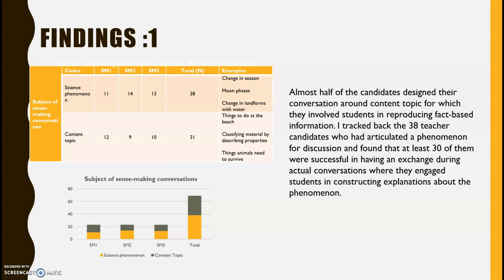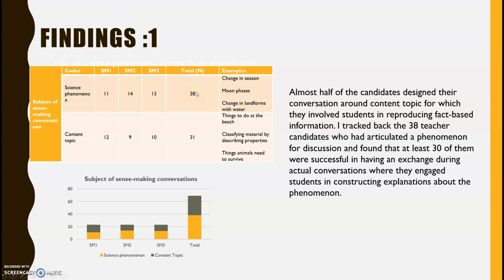And when we tracked back these 38 teacher candidates, it was found that at least 30 out of these 38 teacher candidates were able to have a productive and actual conversation with their students, where students were constructing some explanation and they were sharing some initial ideas with their teacher candidates.